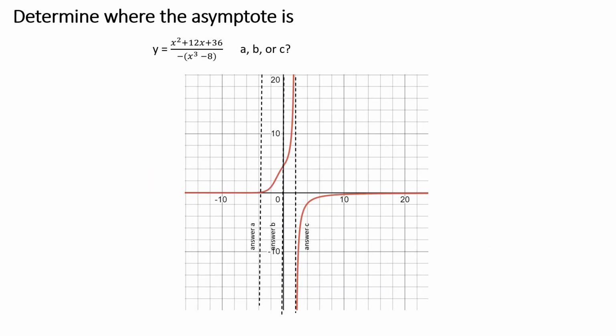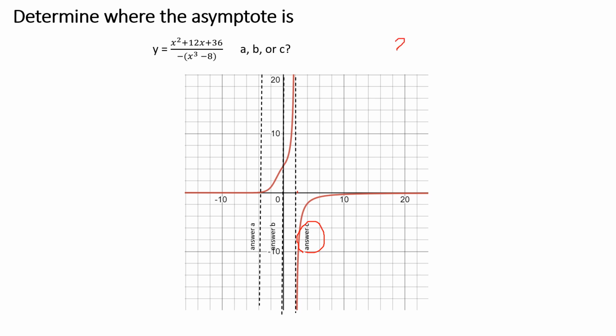Now, I've got an expression here, x squared plus 12x plus 36 over negative x cubed minus 8. And I'm asking which line is the asymptote, A, B, or C? And really, it's going to be A. I'm sorry, C, right here. No, I said A, C. And that is at 2.